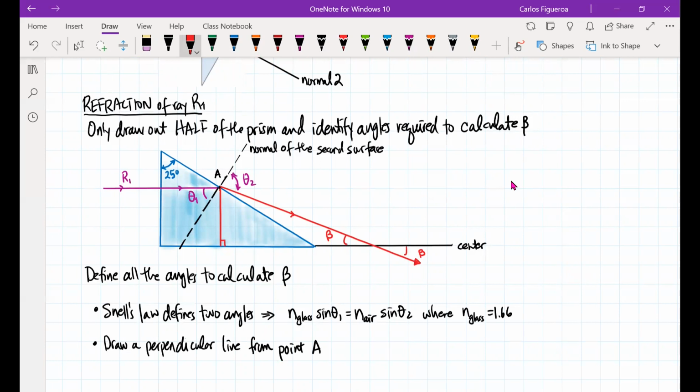And as soon as I draw that, there are three angles, X, Y, and Z defined. So how am I going to define them? This angle here, I'm going to call that X. I'm going to call this guy right here Y, and then I'm going to call this little angle Z.